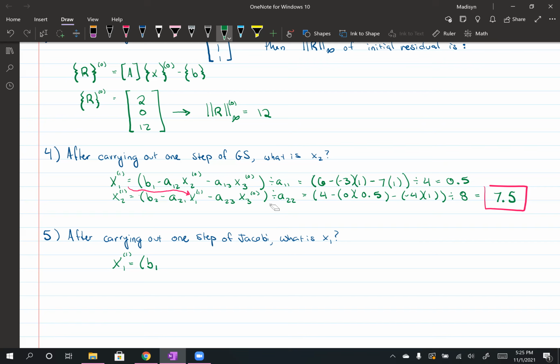Yeah, it should be b1 minus a12 times x2 of 0, minus a13 times x3 of 0, divided by a11. That's that. Now x2 would be b2 minus a21 times x1 of 0. See, not self-updating on this one.